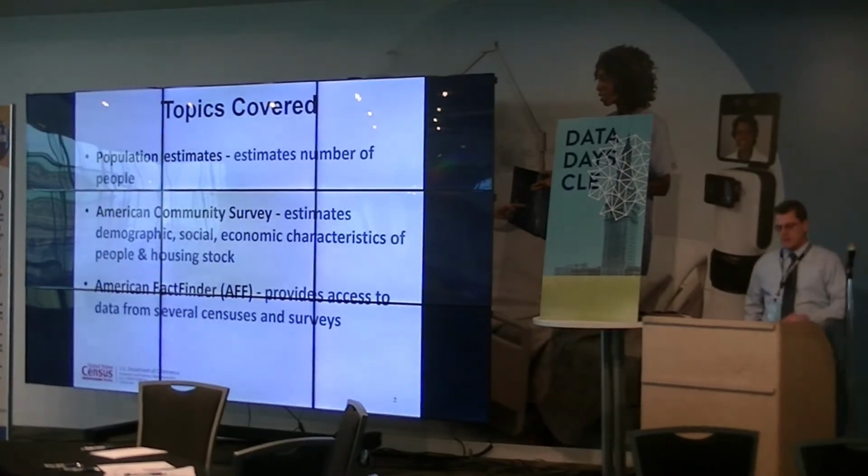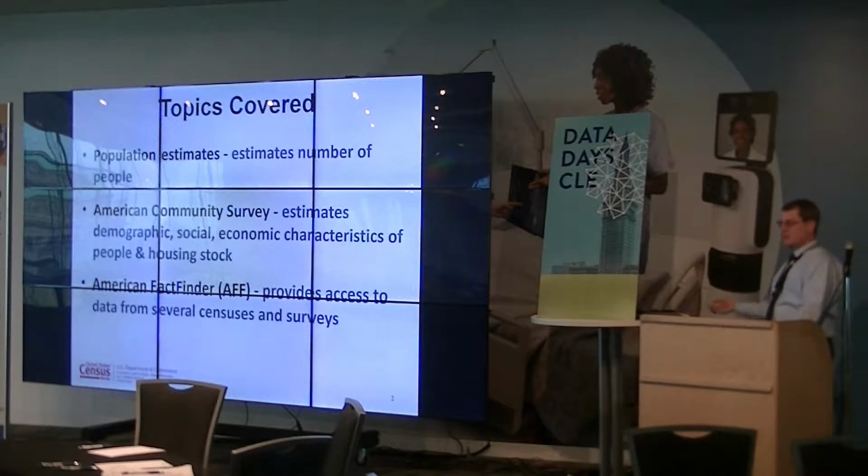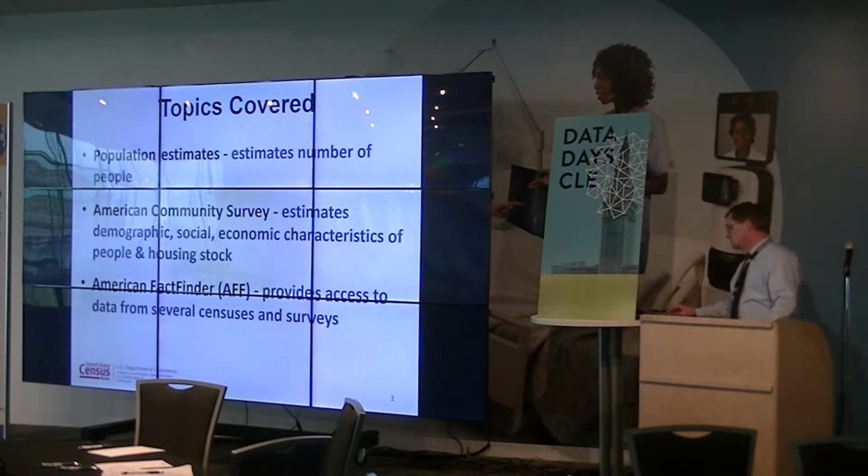I'm going to talk about population estimates, which simply are just estimates of the number of people. And then I'm going to go into more detail about the American Community Survey, which is our main survey. And then I'm going to talk about American Fact Finder, and then actually give a demonstration of American Fact Finder.